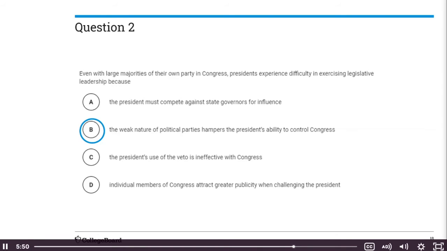So the president can say, okay, I want you to do this, that, or the other, members of my party, but they may not necessarily go along with it. They may not be in a leadership position to see that that happens, or the legislation, even though sponsored, could end up being marked up and changed in such a way that it does not benefit the president.